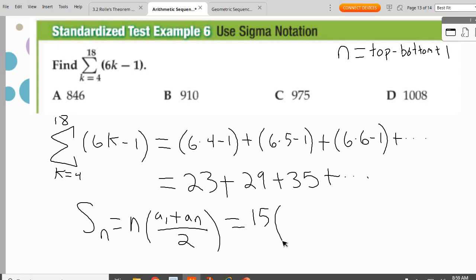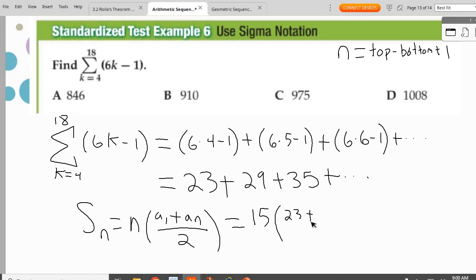So then what's our first term? 23. Be careful, because a lot of people want to put the 4 here. But remember that 4 is not my first term. What I get when I plug in 4 is my first term. So I have 23. Which means, what do we need to plug in to find our last term? 18.